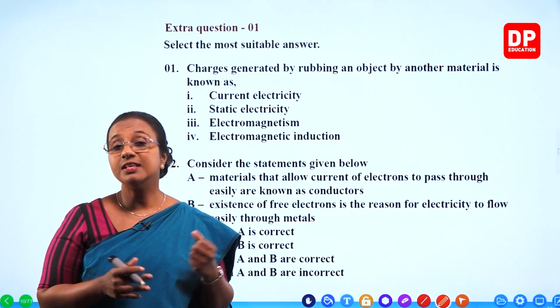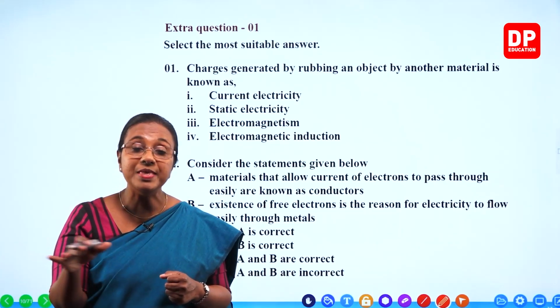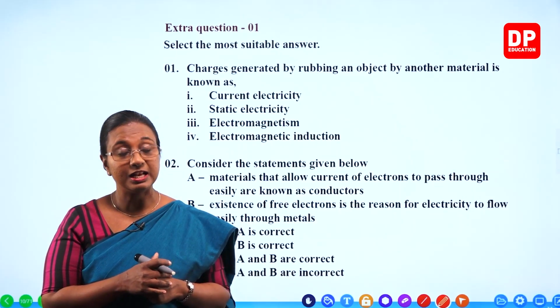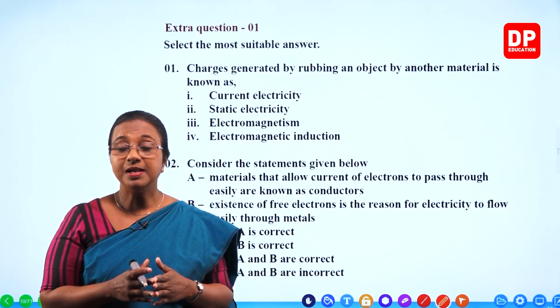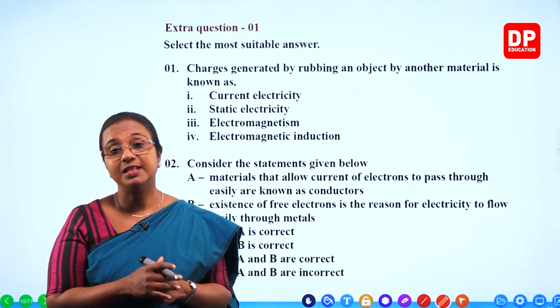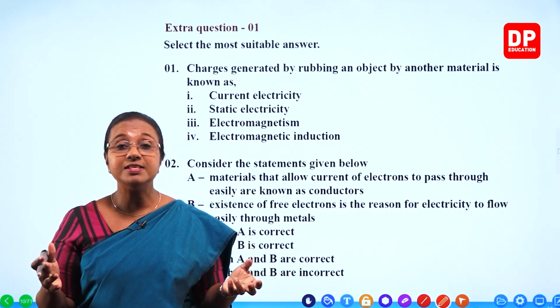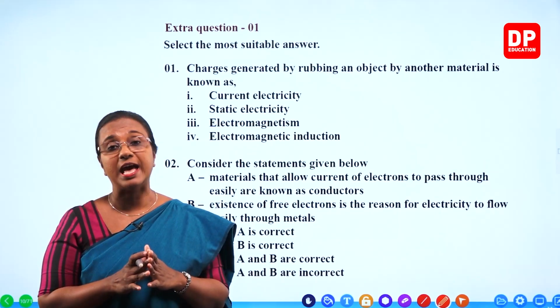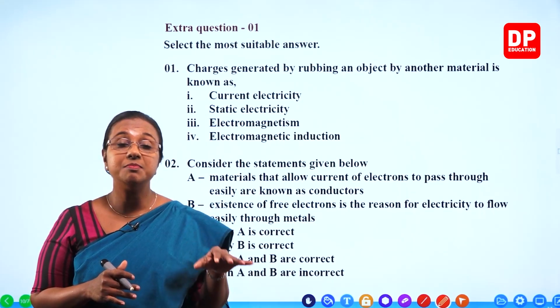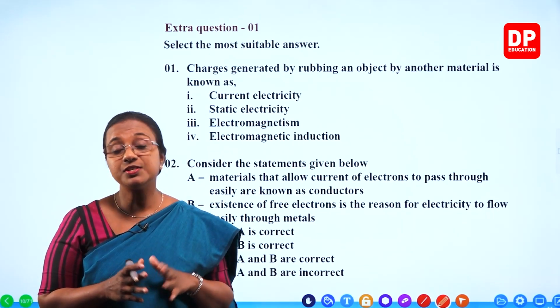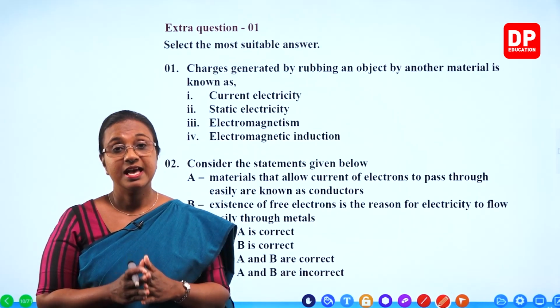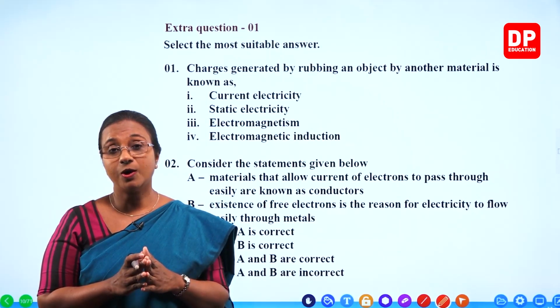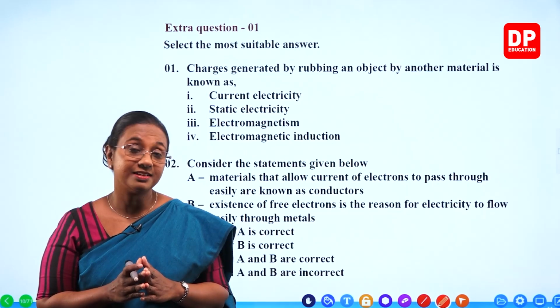So when you take these insulators and you rub them with another material, for example, an ebonite rod rubbed with a polythene sheet or a PVC pipe rubbed with a polythene sheet, there are charges depositing on the surface of these objects. And that is what we call static electricity.